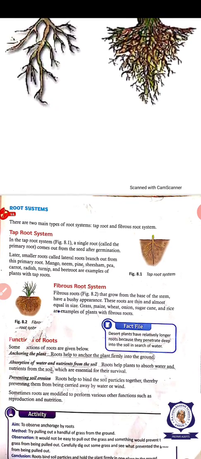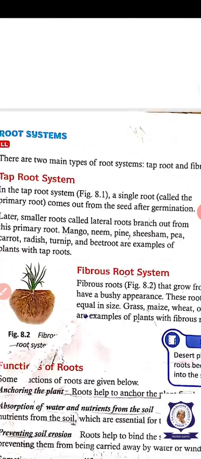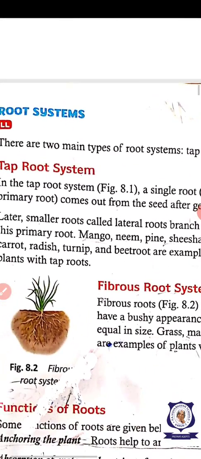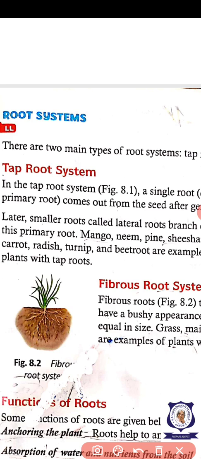The taproot system is the root system where, when the seed germinates, the first formed root is called the primary root. It grows deeply in the soil and gives out lateral branches.